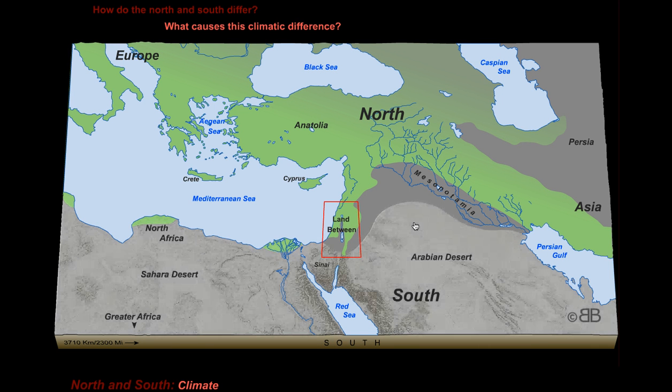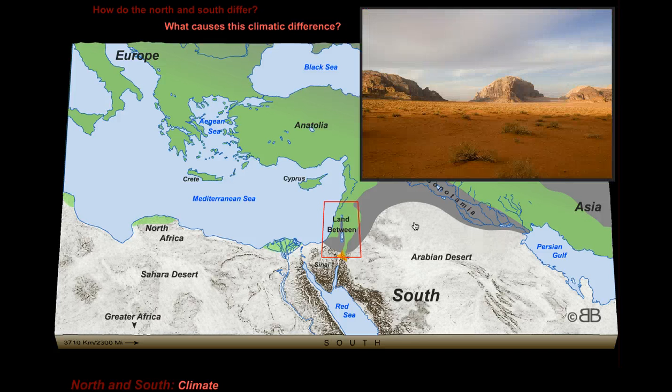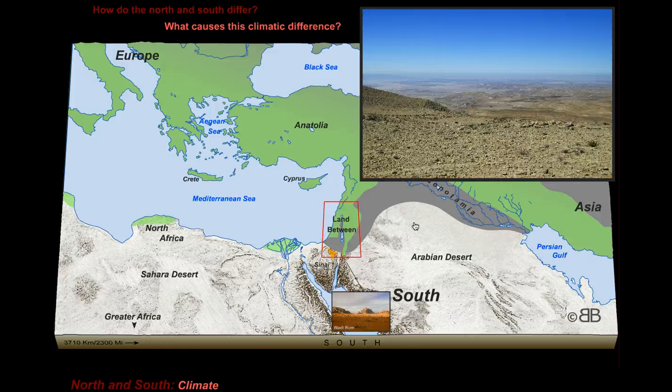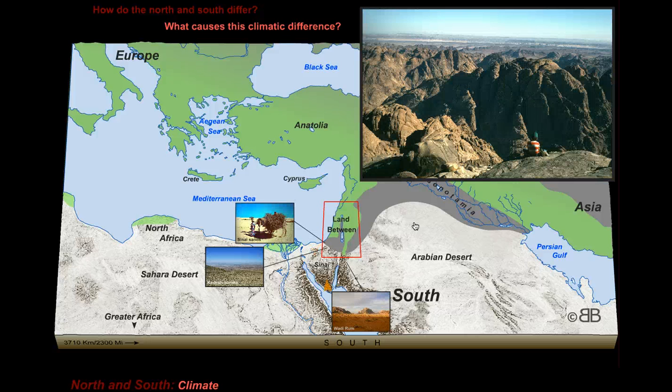This results in the south's vast and varied deserts, such as the sandstone desert of Wadi Rum, on the border between modern-day Jordan and Saudi Arabia, or the combination of limestones and chalks standing near the desert oasis of Kadesh Barnea, or the deep sands found along the route to Egypt in the northern Sinai, or the exposure of the great Afro-Arabian plate in the granite deserts around the Red Sea.